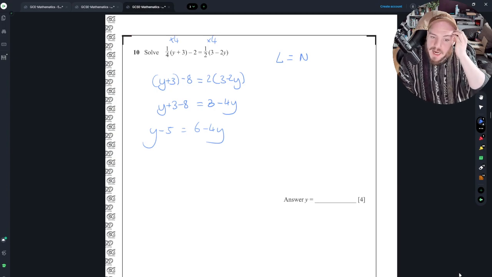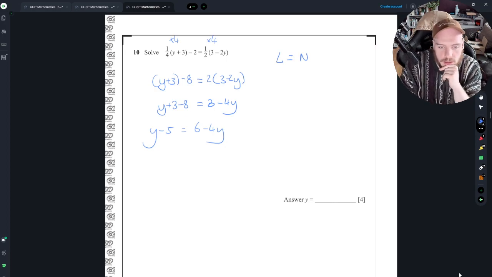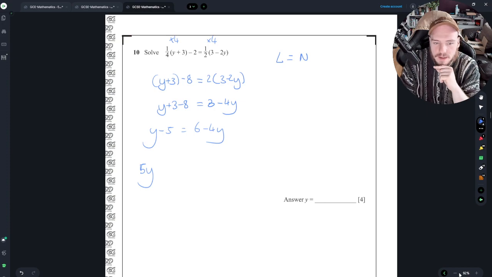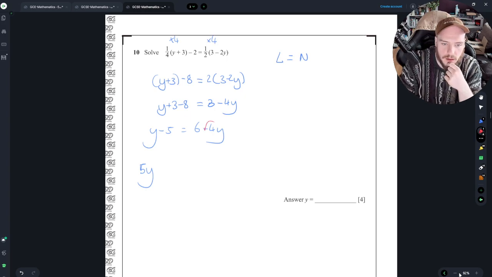I want my y's to be positive, so I'm going to take my y over to this side. It's a negative on this side, so I'm going to add 4y to that side, so it'll be 5y. And just to visually represent it for you, this is going to come over, and the minus 5 is going to come over.